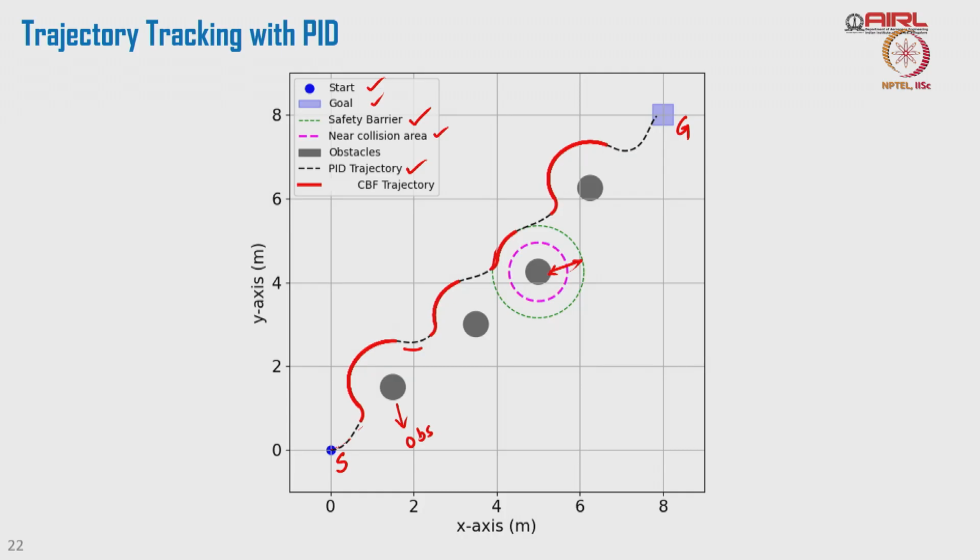It is a trajectory tracking problem where ideally the drone might be moving like this, the blue line. That should be the trajectory of the drone ideally when the obstacles are not there.